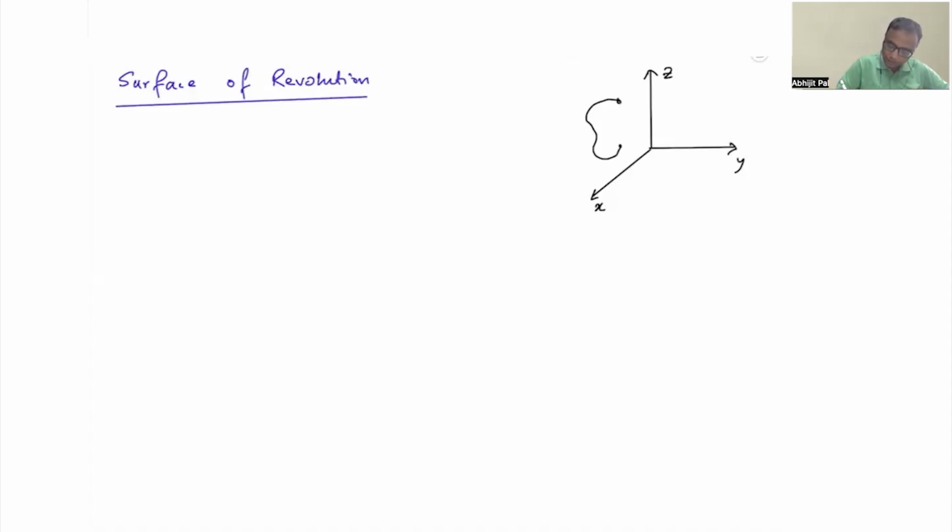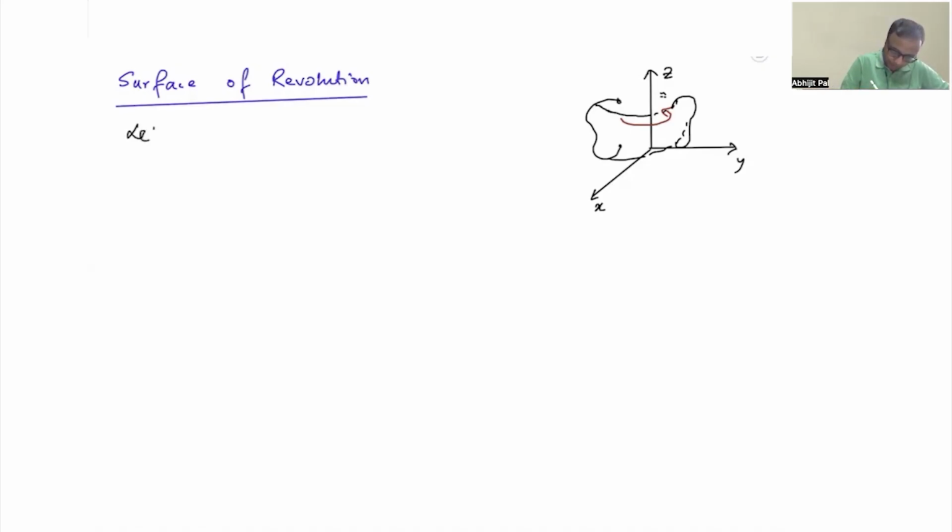And then you rotate this curve around the z-axis, so you will get a surface corresponding to this. Suppose I take that curve to be a regular simple curve. Then the surface of revolution will be a regular surface, and that we are going to show.